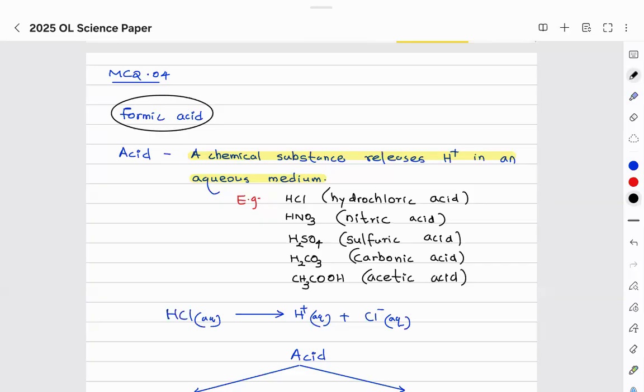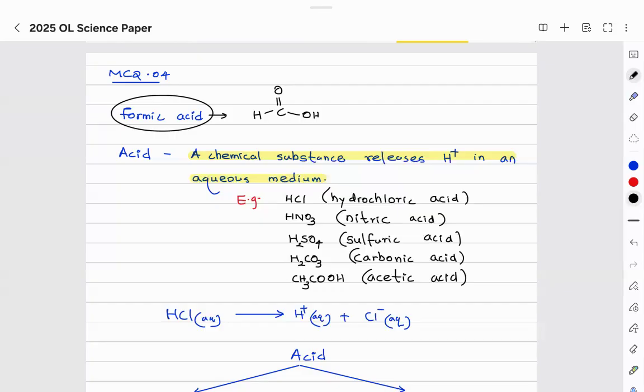Formic acid is a carboxylic acid. This is the structure of the compound formic acid. You don't have to remember that one. I just gave you the structure for your extra knowledge.